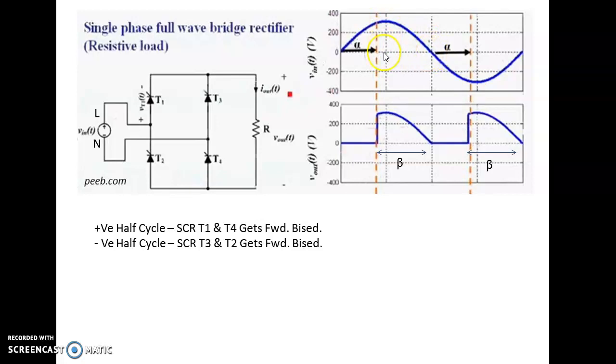Here we can say 90 degree phase angle, and here approximately 60 degrees. Here also approximately 60 degrees. This 60 degrees is nothing but the firing angle alpha, and the phase angle for which the SCR is conducting is called the conduction angle beta.